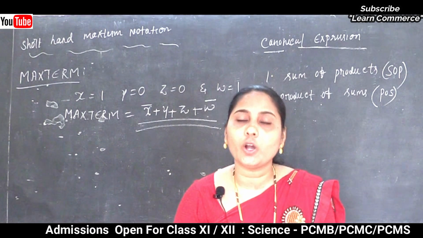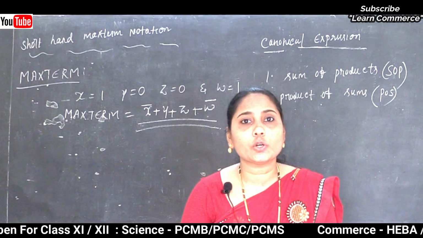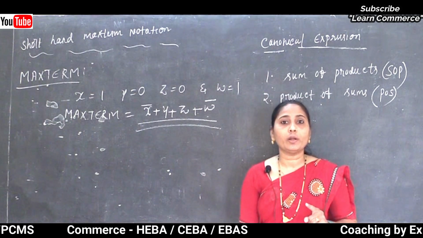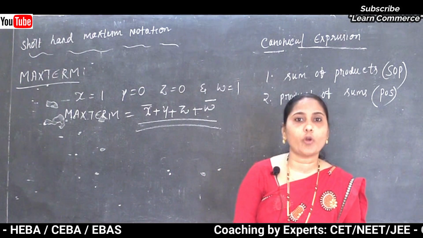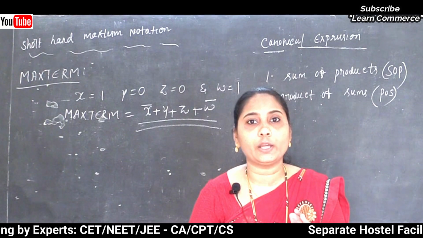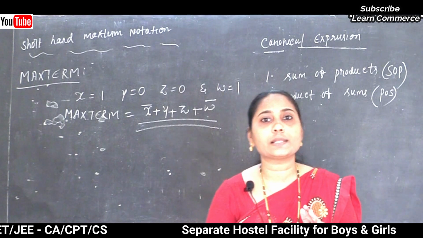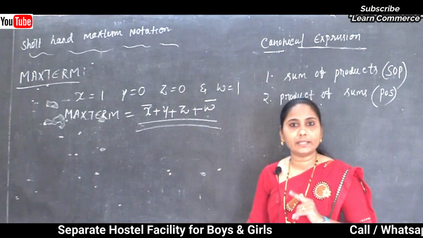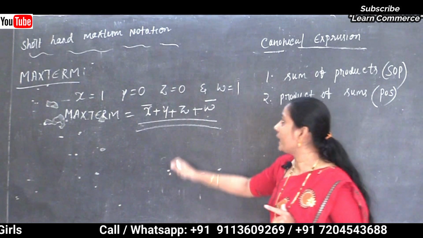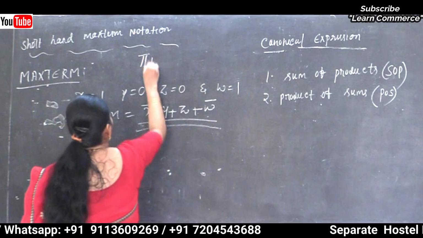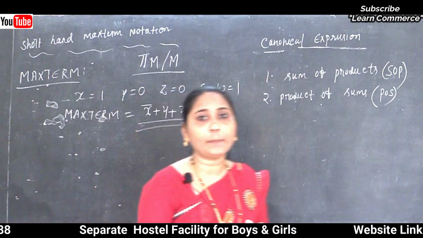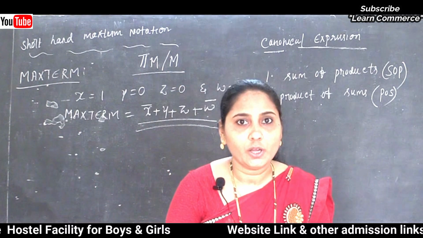These steps are to copy the original terms and substitute, but in our Maxterm, 1 for barred letters and 0 for non-barred letters here, and next express the decimal equivalent of the binary word as a subscript of capital M. So we know that in our Maxterm, the symbol used is pi, capital M, or just capital M with a subscript.